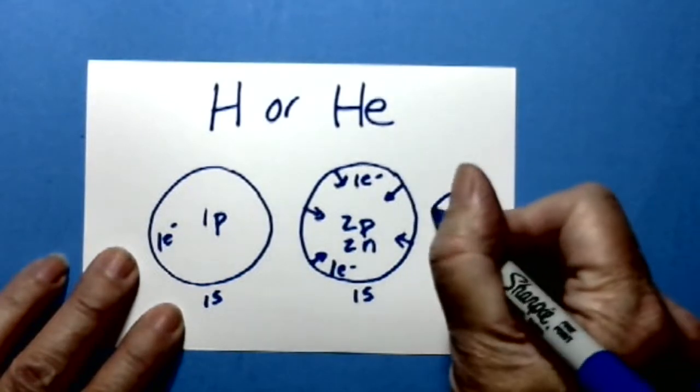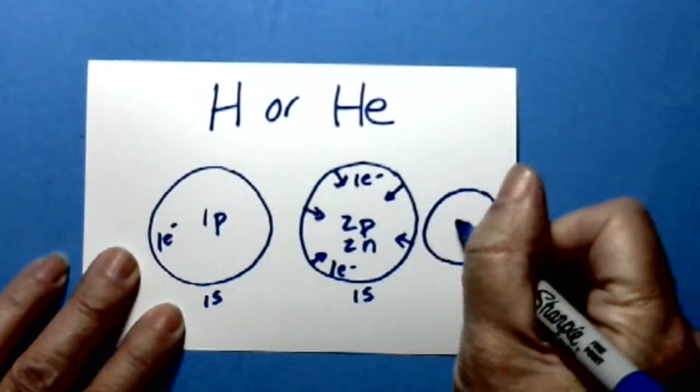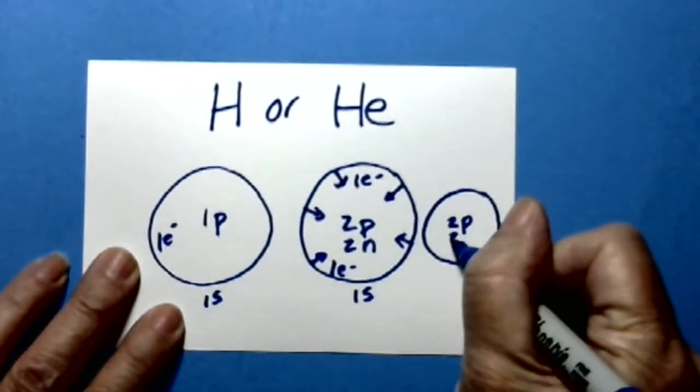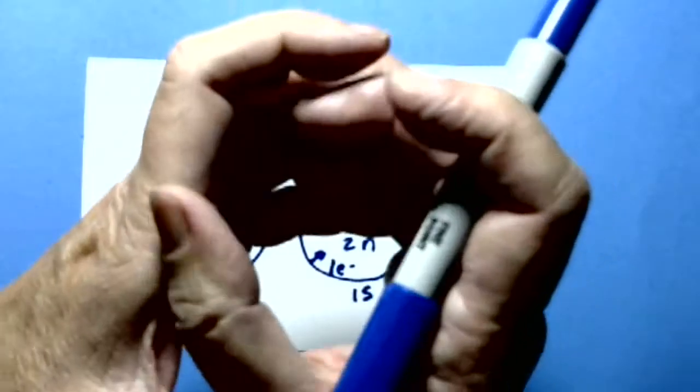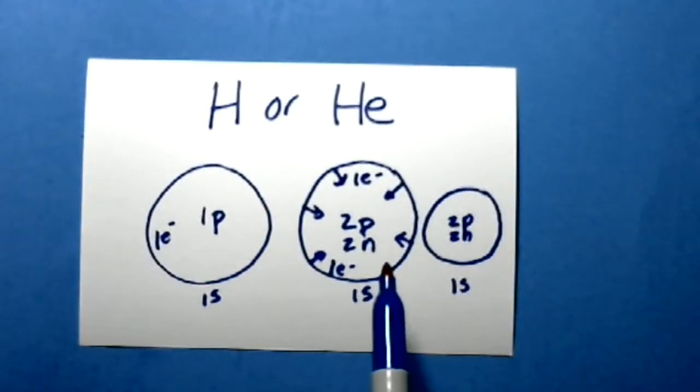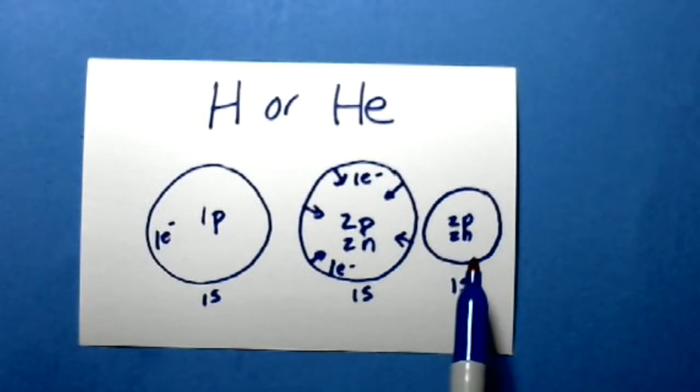If I drew it again, it's actually smaller. It has 2 protons and 2 neutrons, and the 1s orbital is smaller because it's being pulled in by more protons. This is a bigger nuclear charge, so it is a smaller atom.